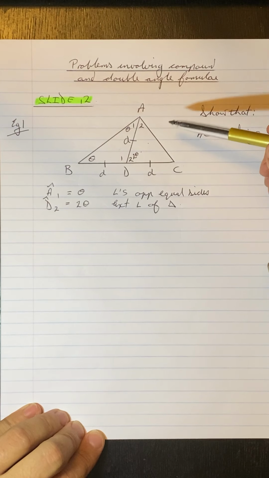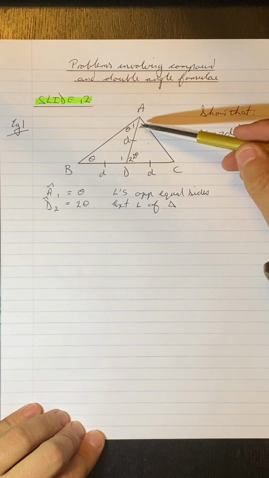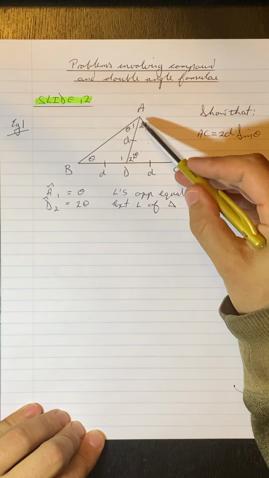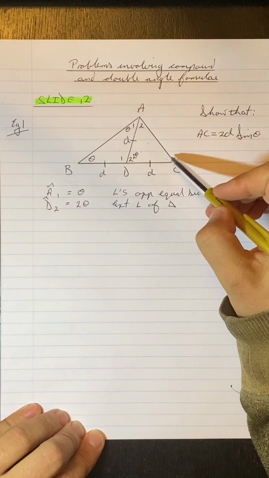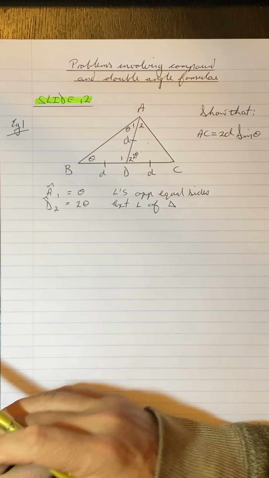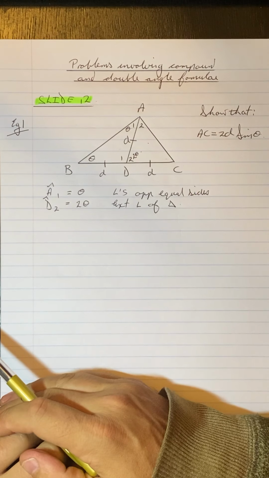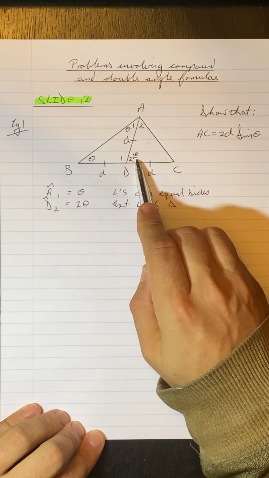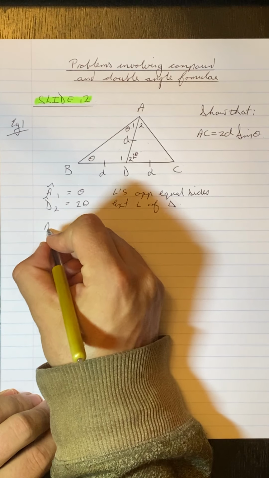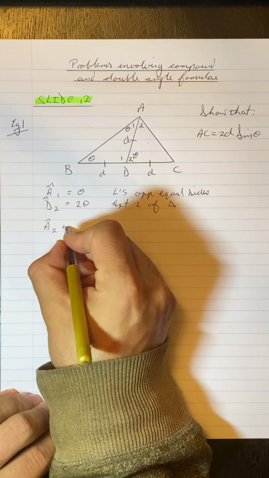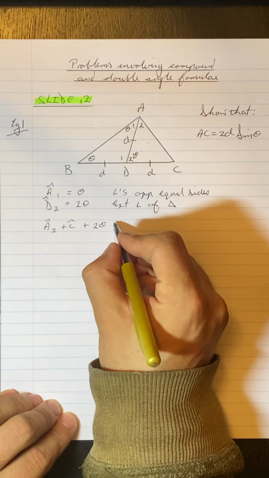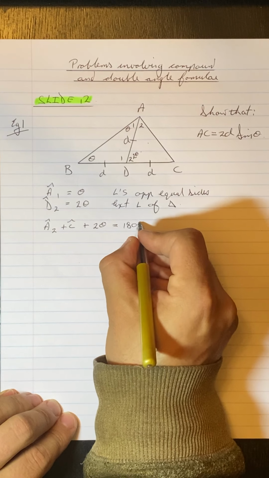What we need to do now is find out these two angles over here, A2 and angle C. Again, we are working in an isosceles triangle, so we know that A2 will be equal to angle C, angles opposite equal sides. I know what this angle is, it's 2 theta. So we can say that A2 plus C plus 2 theta must be equal to 180 degrees.